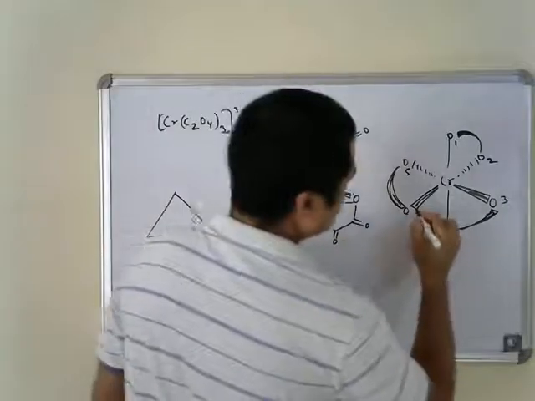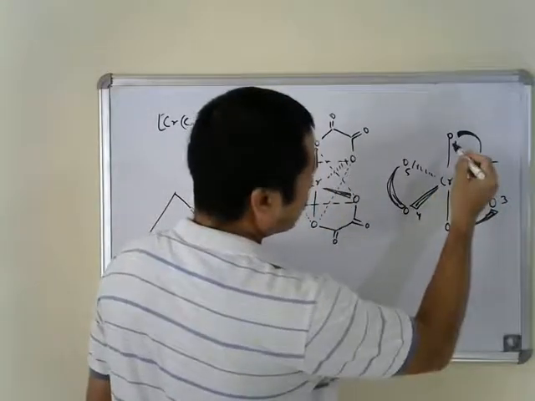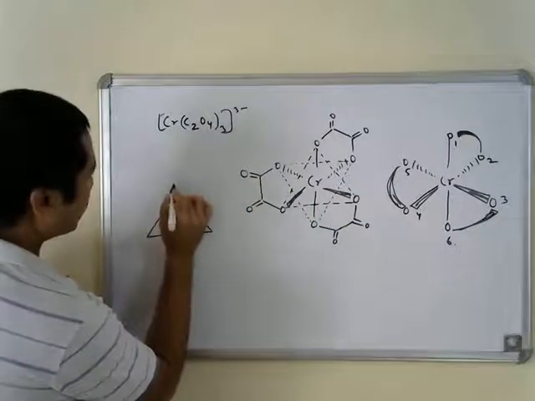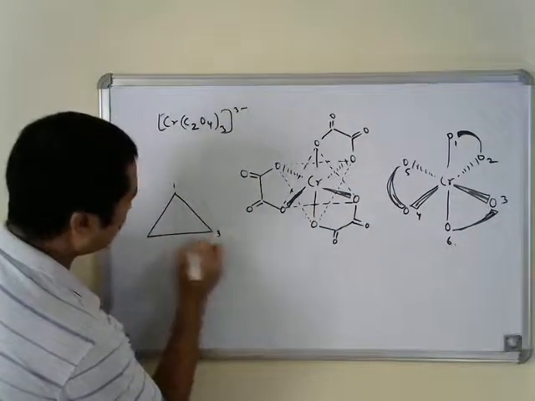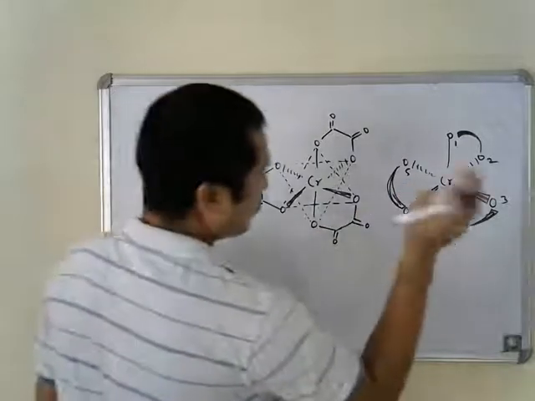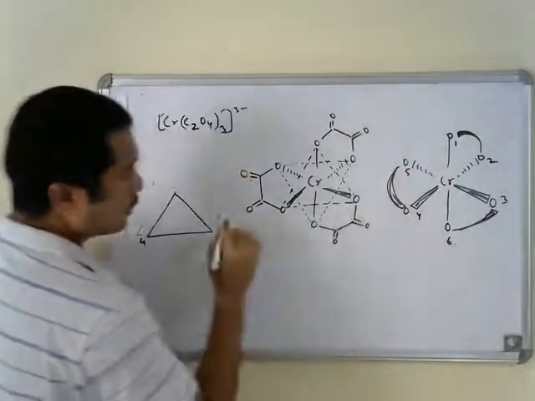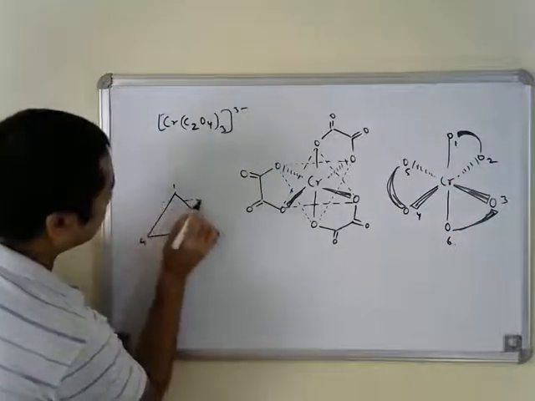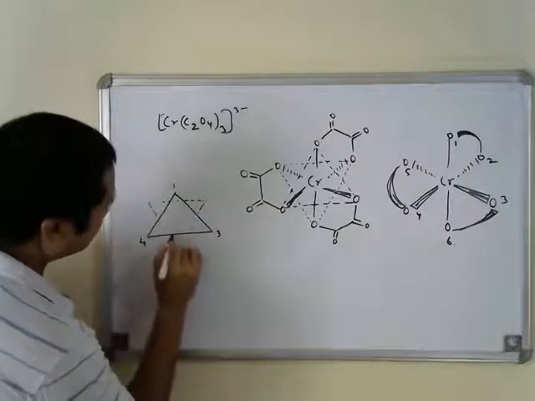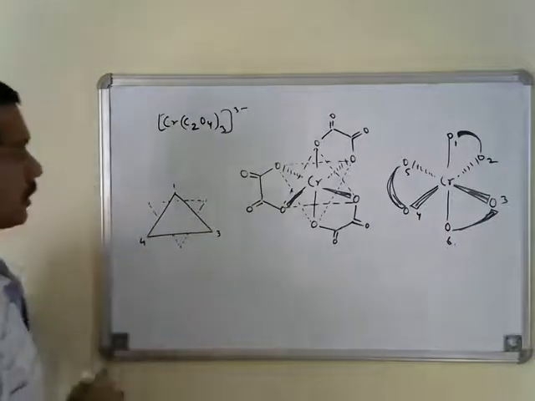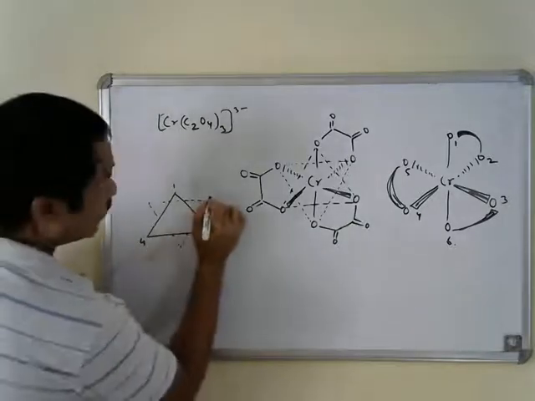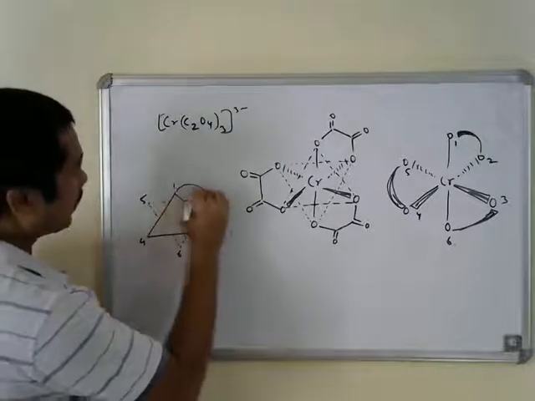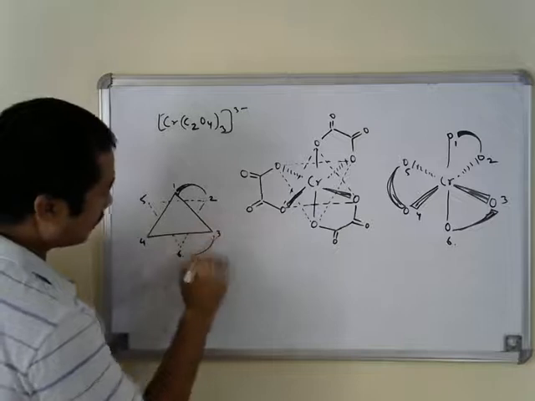The first triangular face, the top triangular face, is formed by O1, O3 and O4, so let's put it as 1, 3 and 4, while the triangular face that is below is formed by O2, O5 and O6, and that is present in this fashion. So that is 2, 5 and 6. You can also connect them in this fashion now.